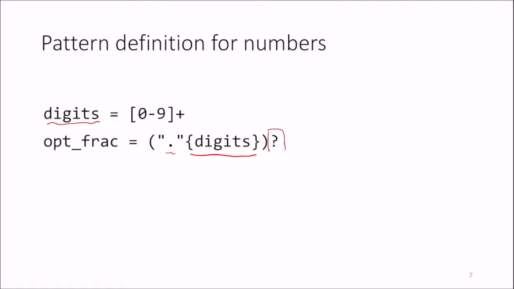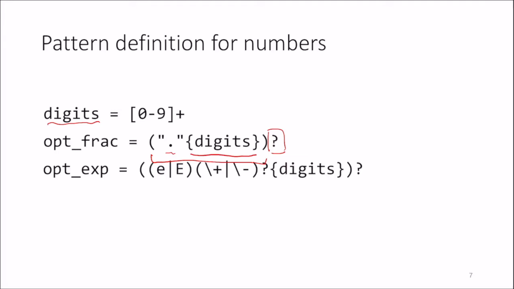And then this question mark operates over this entire sequence and says that it's optional. So you can have one of these and that's it, or you can have none of these. That's what the question mark means. Then the optional exponent. If I wanted to do e of minus 12 or e of plus 10, then this sequence would represent that kind of string.